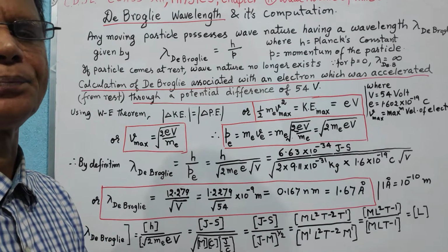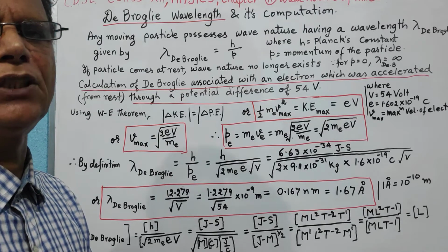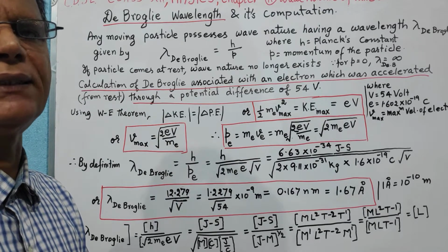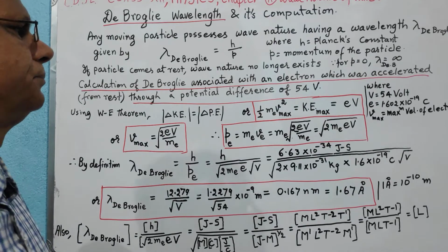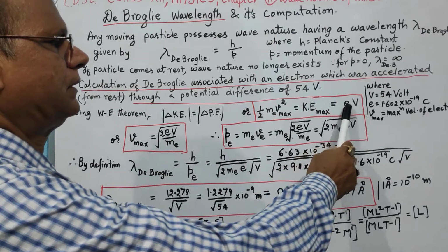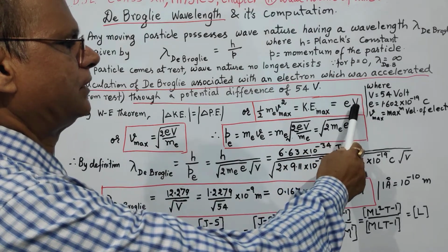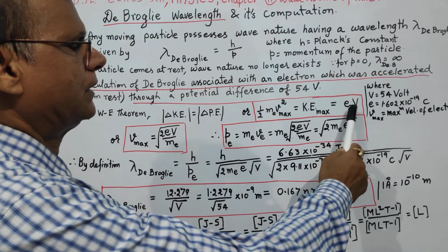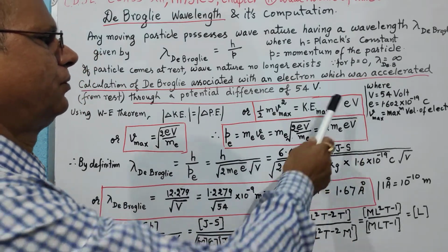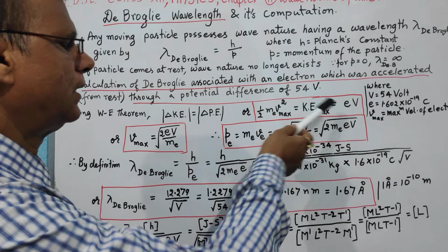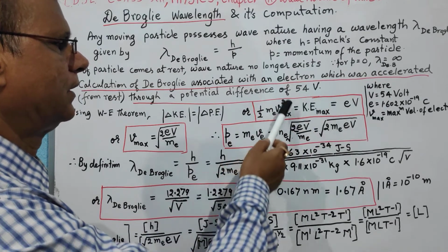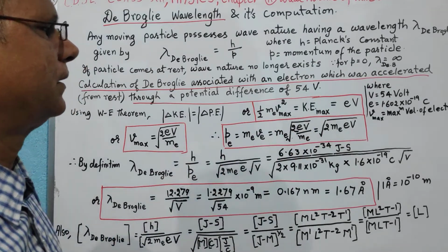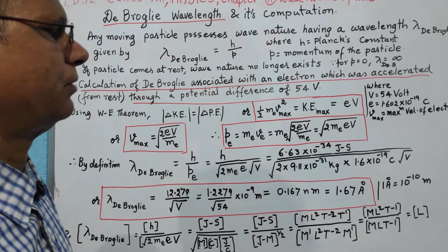That means work done is equal to charge times the potential difference. And so the charge which has been accelerated through this will gain an equal amount of kinetic energy given by half m_e v_max squared.